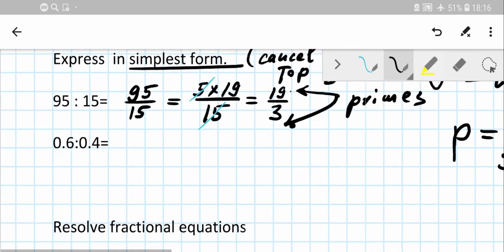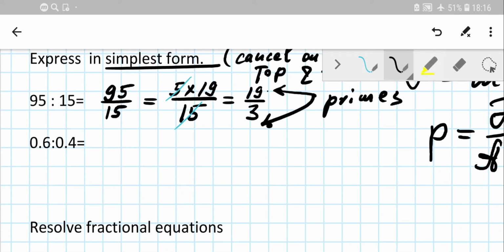Alright, let's go next. 0.6 over 0.4. Let's write it as a fraction. And then what are you going to do? You simply represent it as 6 over 4 because it's much more convenient. Why? Because you're able to multiply the top and the bottom by 10, and it won't have any effect on the fraction.